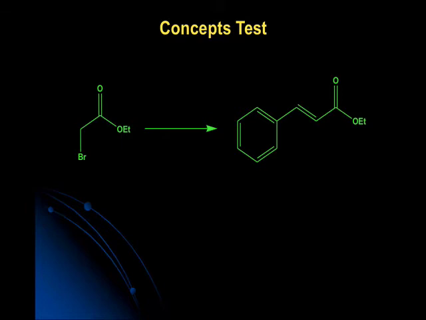How do we need to think about this problem? We're making a carbon-carbon bond. What kind of carbon-carbon bond are we making? We're making a carbon-carbon double bond, right? So we know that we can do that really well with the Wittig reaction. We need to think about this backwards, right? We need to think about the product and work our way back to the starting material.